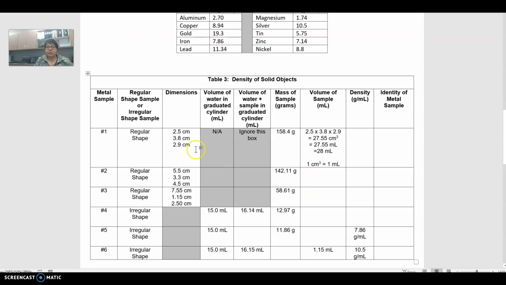So when you are given the dimensions like you are for regular shaped objects 1, 2, and 3, then this is how you're going to calculate the volume of the sample.